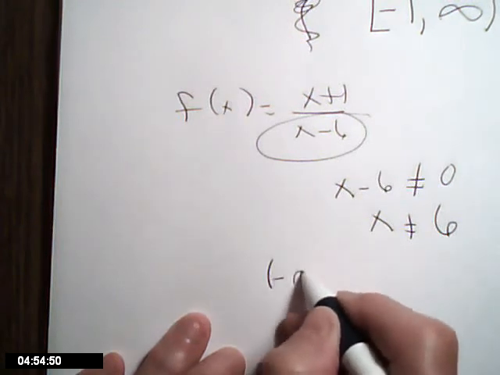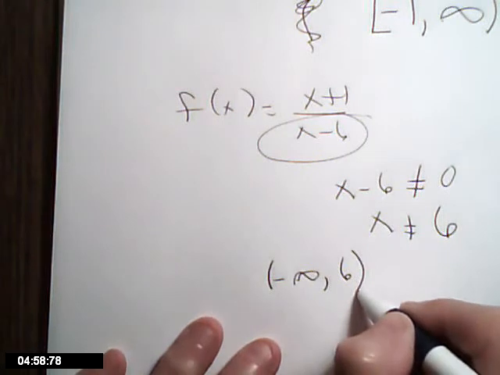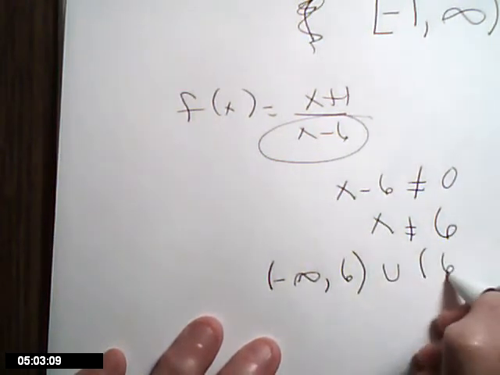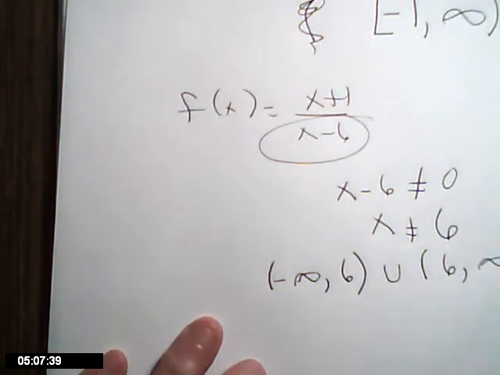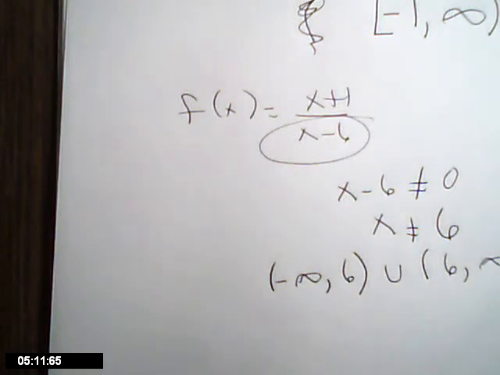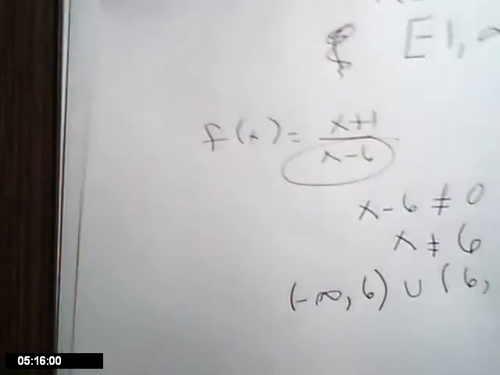Well, it's any number from negative infinity up to 6 with a parenthesis. Parenthesis says I'm not including it, plus the set of numbers from 6, not including 6, to positive infinity. Now what this does is omit the 6. So any number in the numerical system would work as domain except 6.